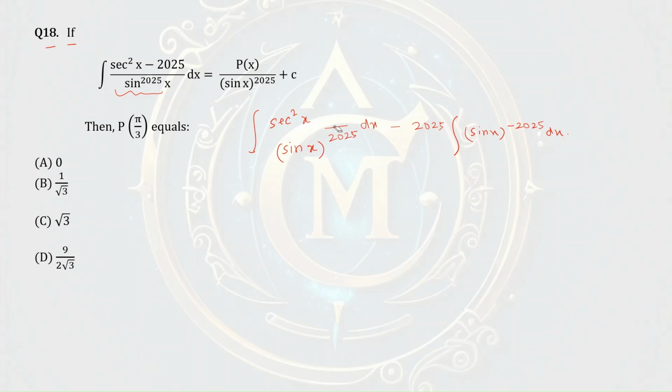Now here we can also write this as (sin x) whole to the power minus 2025.